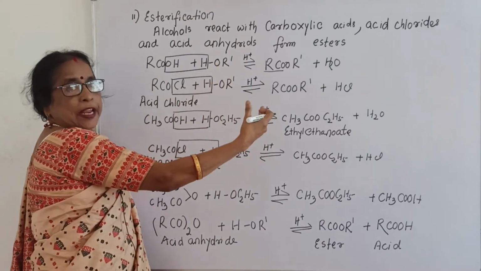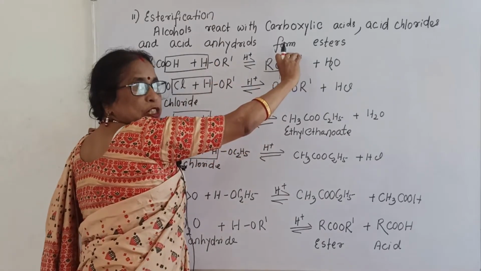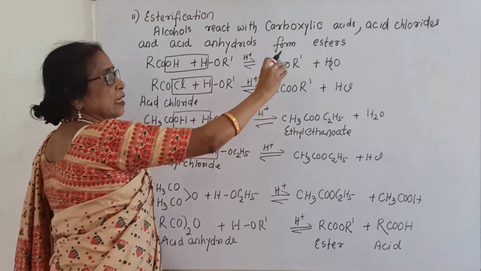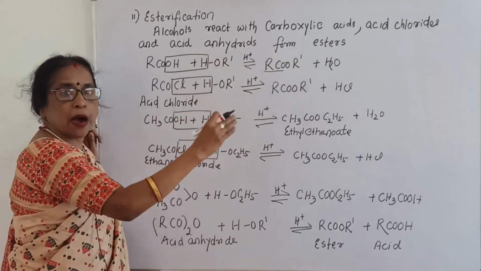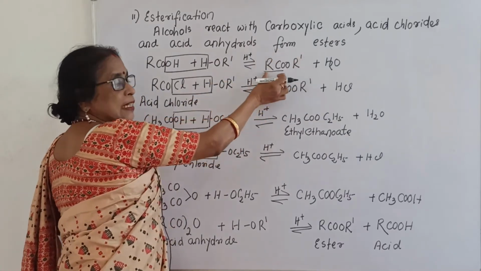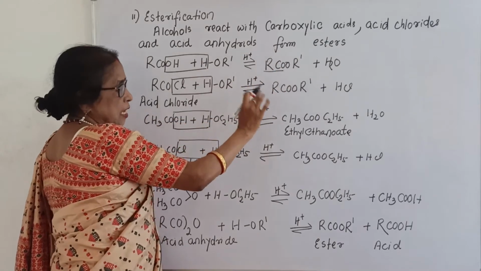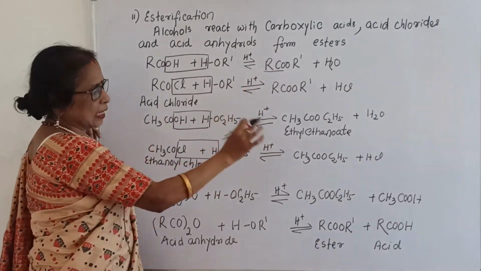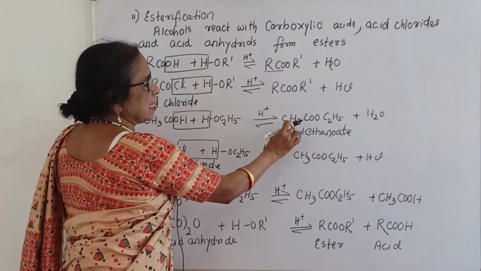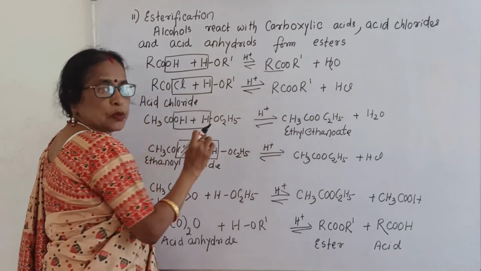But when you name it, the alcohol part comes first and the acid part comes next. Let me explain with one example: CH3COO-C2H5.